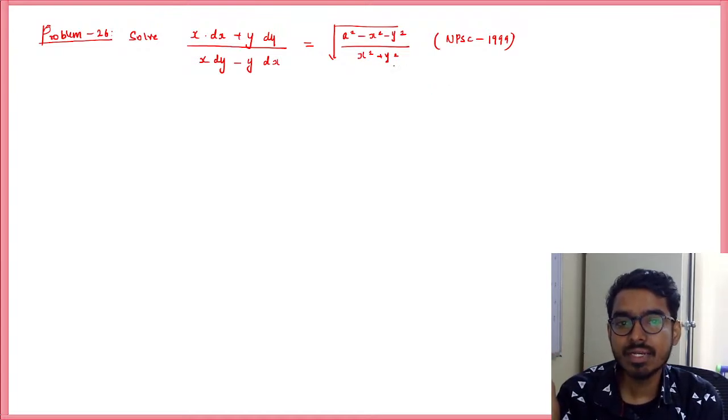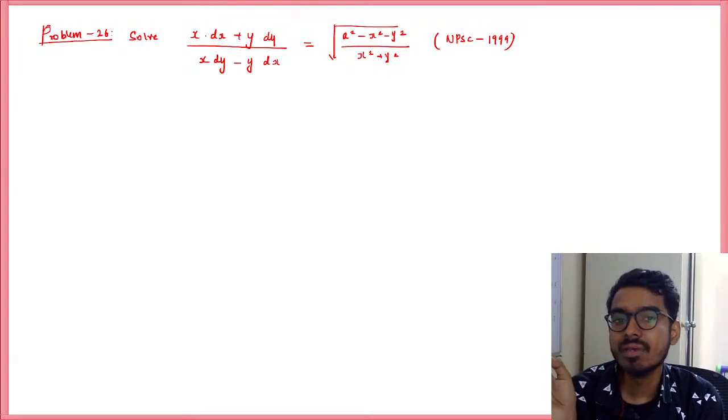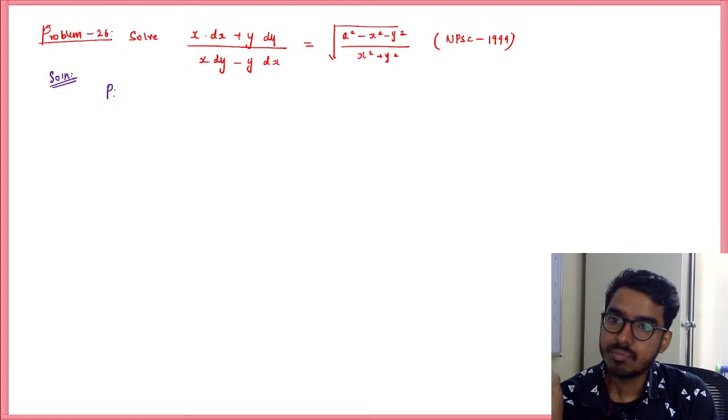We put x equal to r cos theta and y equal to r sin theta, and this entire term will reduce to r square. So I'm going to convert this to polar form.